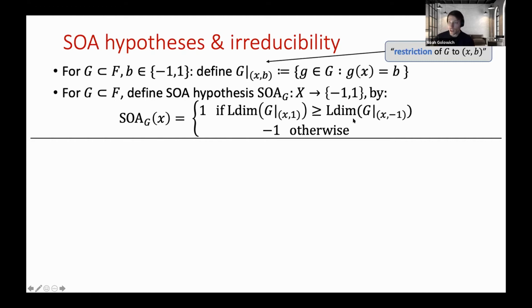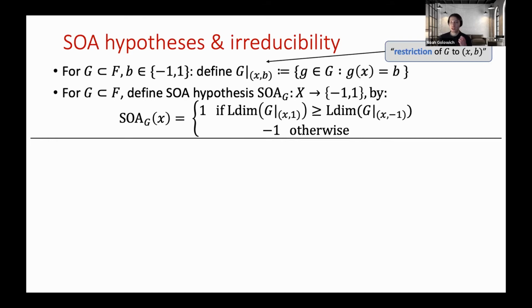Now, for such a class G, the SOA hypothesis for G, denoted by SOA_G, is defined as follows. For any point X, we define SOA_G of X to be 1 if the Littlestone dimension of G restricted to X,1 is at least the Littlestone dimension of G restricted to X,-1, and SOA_G of X is -1 otherwise.